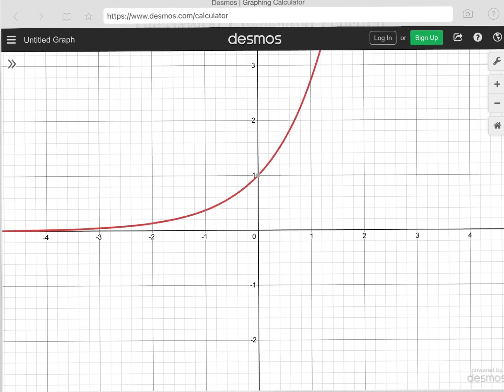So we have the point (0, 1), and we also have the point (1, 2.718), so (1, e). So the graph of e to the x is just like any other exponential function where the base is a positive number greater than 1.